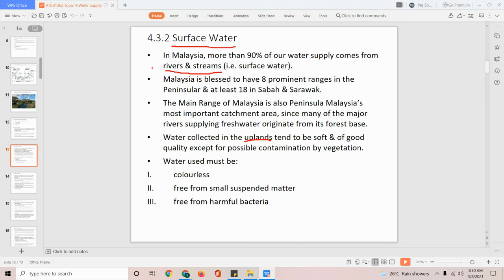So at the start of the river, mainly near the mountain, water collected tends to be soft and of good quality because there's not much contamination. A river travels for a very long duration to end up at the sea.